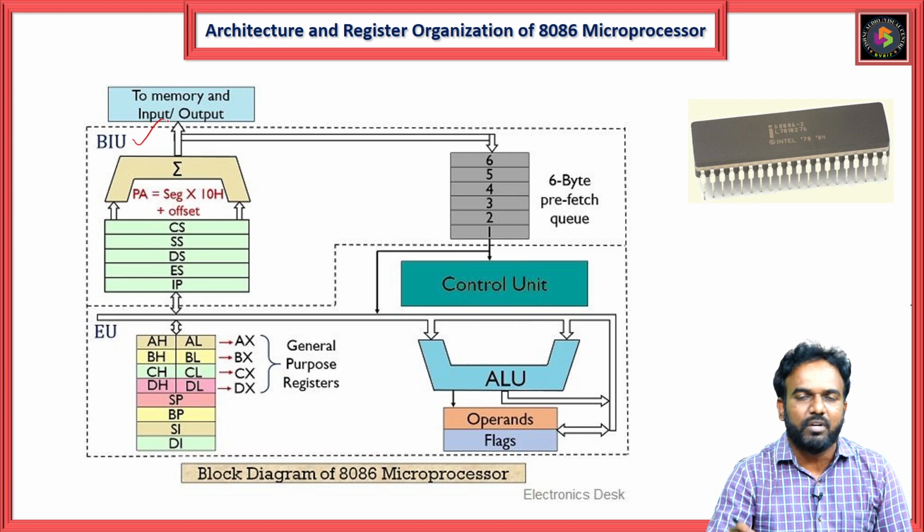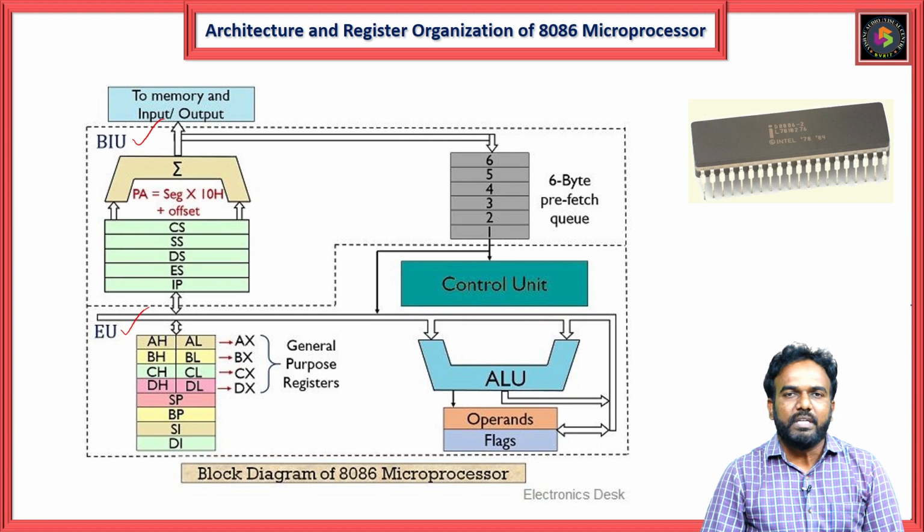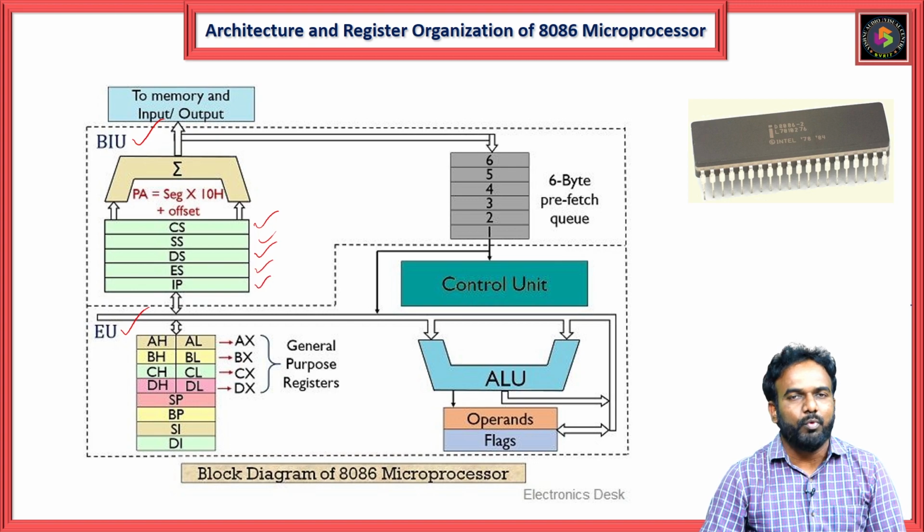One is the bus interface unit and the other is the execution unit. The bus interface unit contains some functional blocks, and the execution unit contains some functional blocks. Coming to the bus interface unit, a set of registers is available: the code segment, stack segment, data segment, extra segment, and instruction pointer.